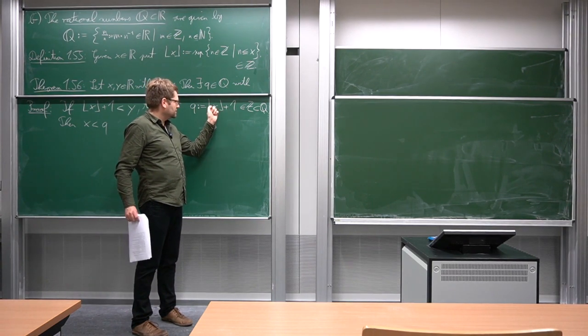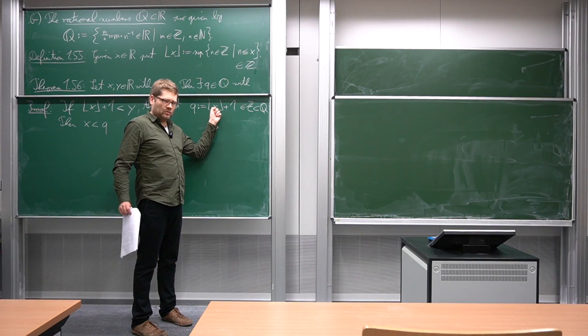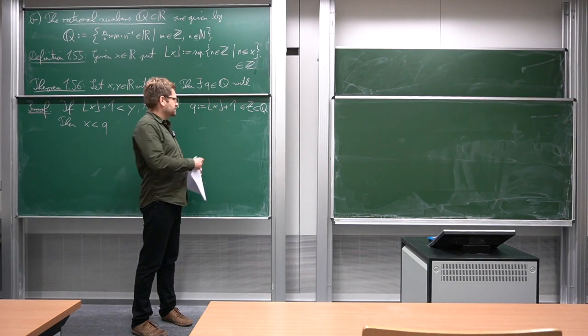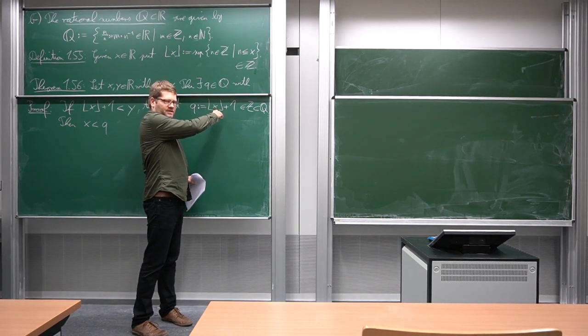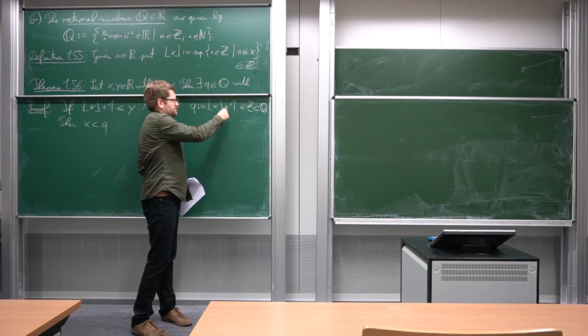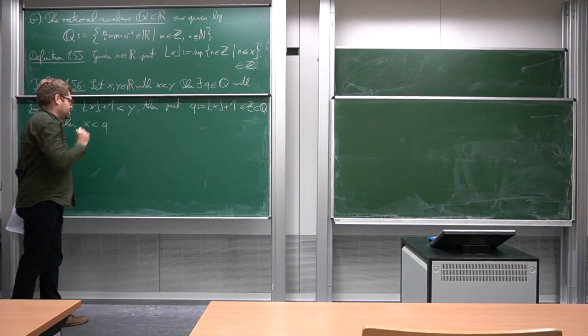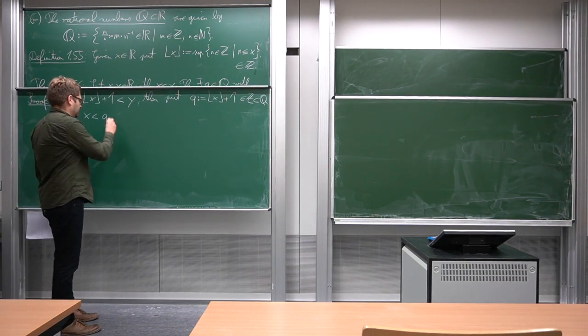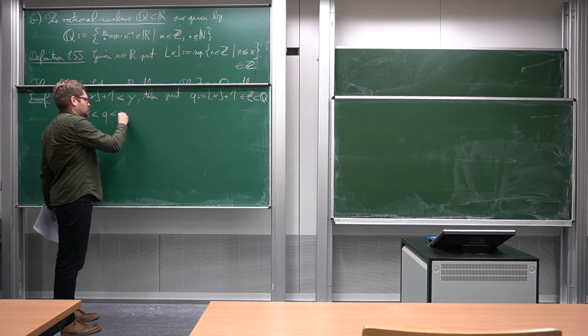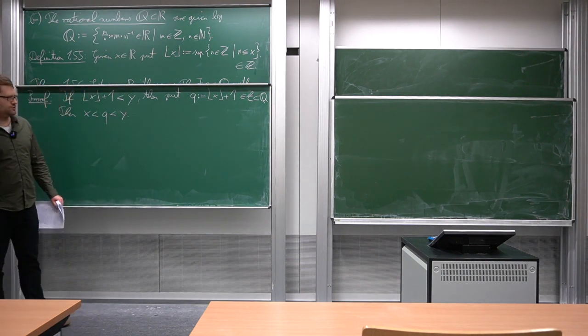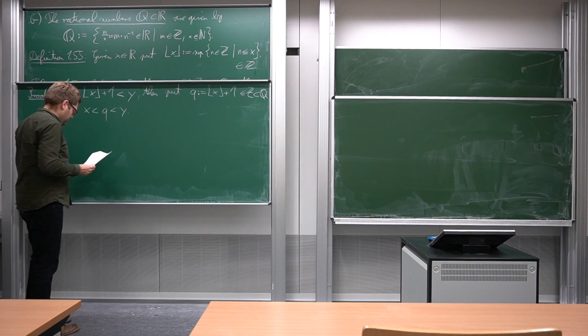So this can only differ from x itself by at most 1. Otherwise, we would always increase this integer, right? So we know that this has to exceed x, otherwise this floor wouldn't be well defined. And by construction, this holds. So this q really has this property that we want.